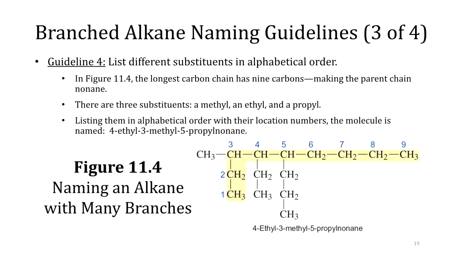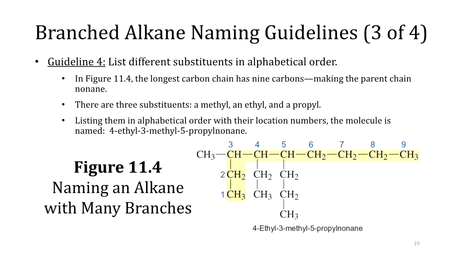For the picture here, you can see that the longest continuous chain of carbons has 9. So you follow that yellow pathway, 1, 2, 3, 4, 5, 6, 7, 8, and 9. And then we can see that we have a methyl group on position 3, an ethyl group on position 4, and a propyl group on position 5.